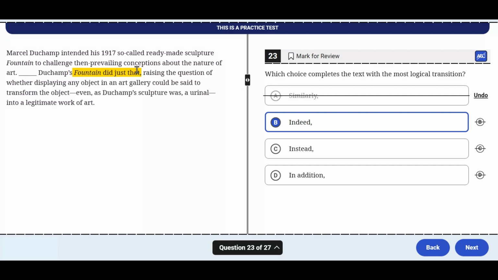And in fact, it says the exact opposite here. It says that Duchamp's Fountain did just that. So it's definitely not that one. And then this second sentence really adds nothing new. It's not saying he did anything in addition. It's just saying that he was able to reach his goal, and then it expands a little bit further on that. So that's not our answer.